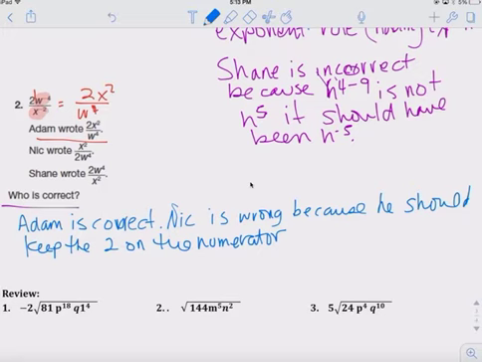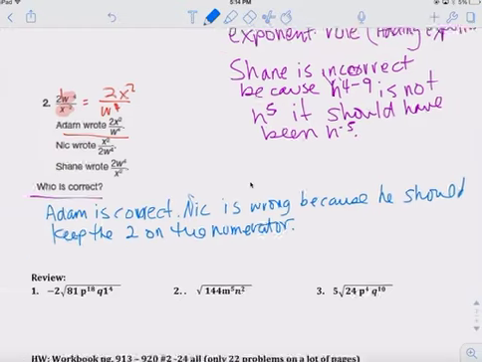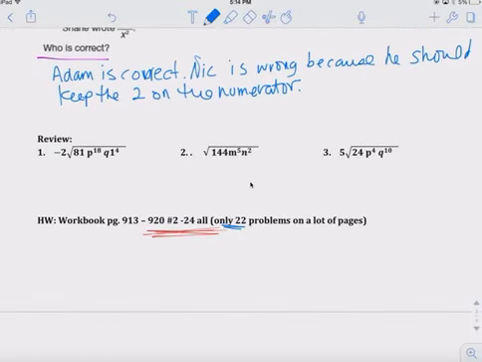Shane is wrong because he should not have just changed the signs. Okay, you guys finish writing that.